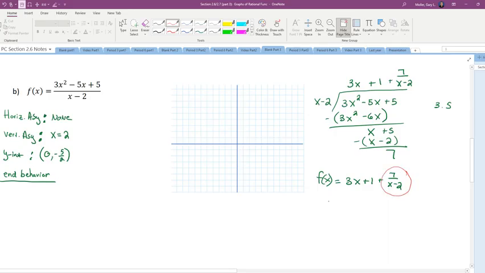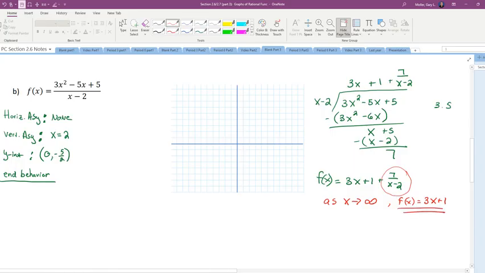So as x goes to infinity, 7 over infinity minus 2 just goes to 0. And so what that tells us is that as x goes to infinity, our function is going to give basically the same results as 3x plus 1 does.